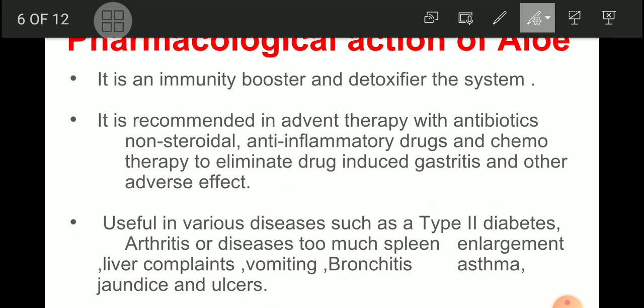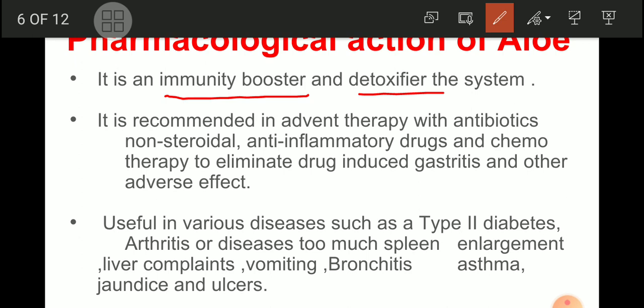Now we have to get an idea about the pharmacological action of aloe. It is an immunity booster, a detoxifier that removes toxic substances from the body and enhances the immune power of the human being.